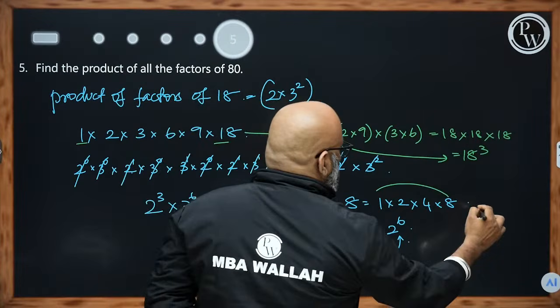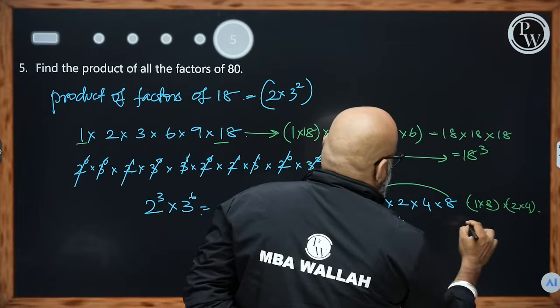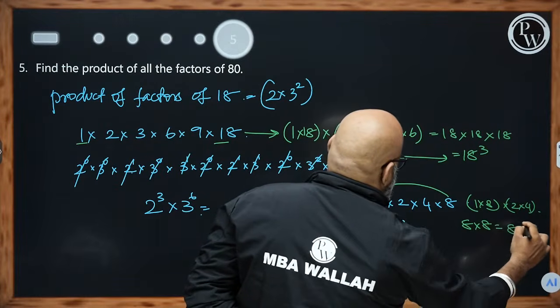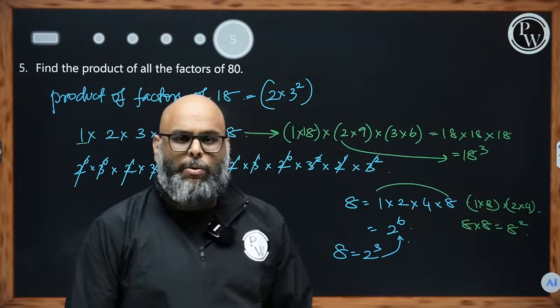The same idea is going over here. 1 into 8 into 2 into 4, or 8 into 8, that's 8 square. The product of all the factors of 8 is 8 square, which is 64.